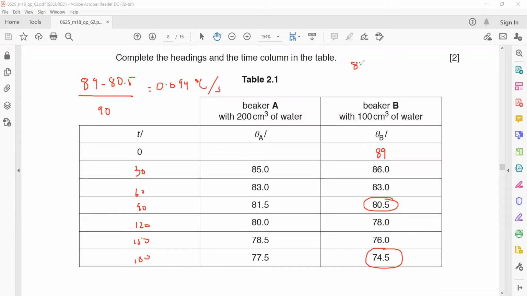So 80.5 minus 74.5 divided by 90. What's the answer for this rate of cooling? 0.067 degree centigrade per second. The temperature change divided by the time interval.